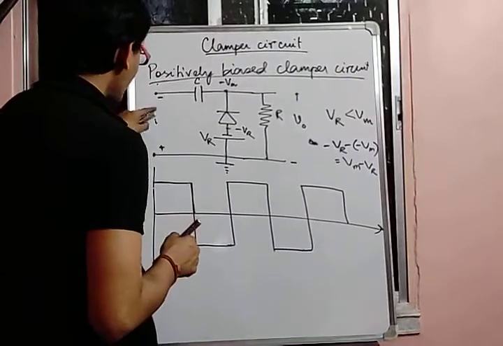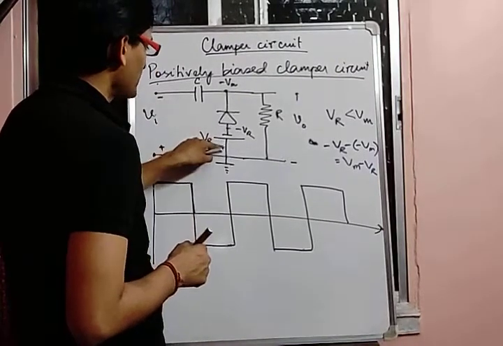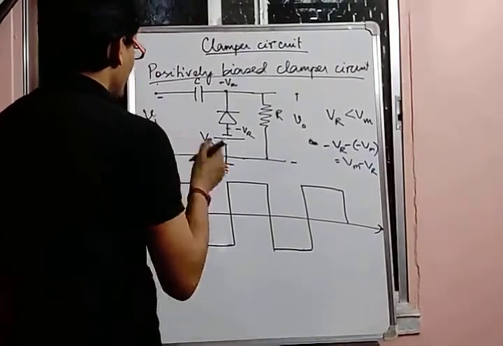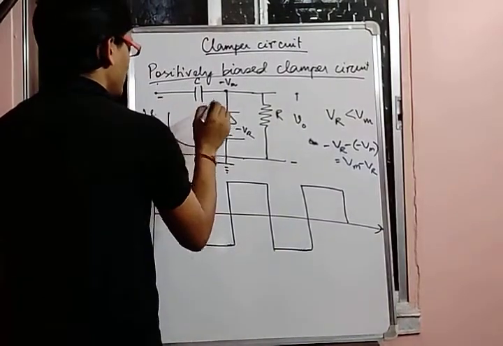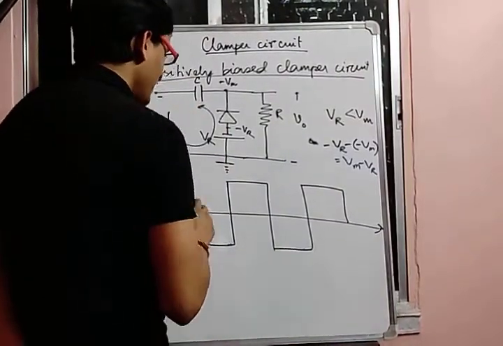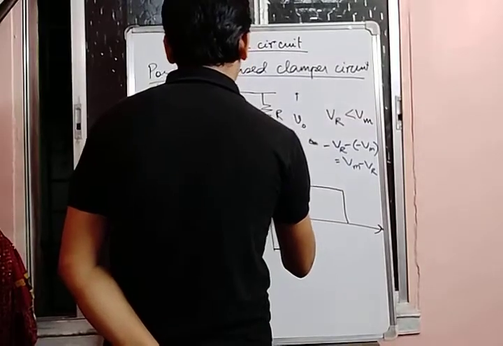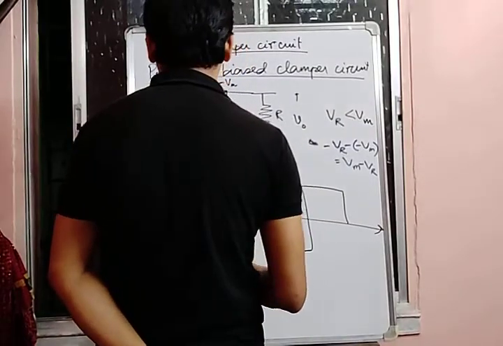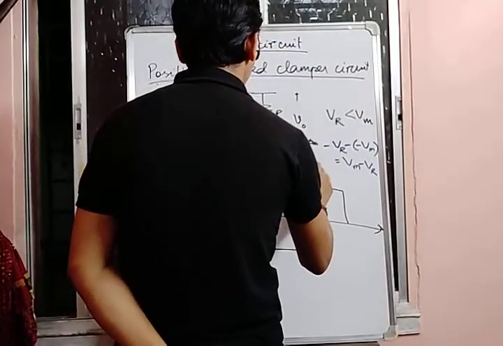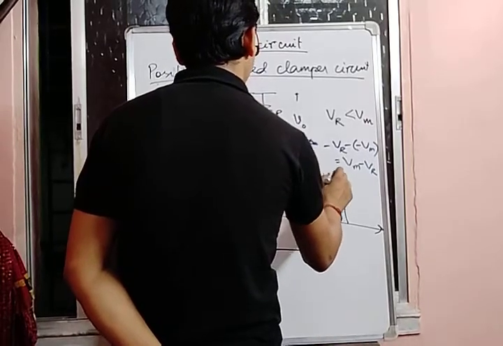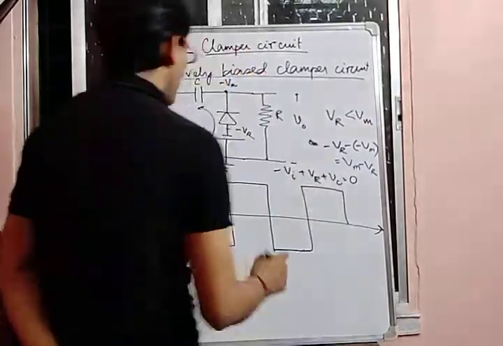This is minus, this is plus, and this is C. Say suppose current is flowing in this direction. So we will simply get minus VI plus VR plus VC is equal to 0. So how much will VC be?